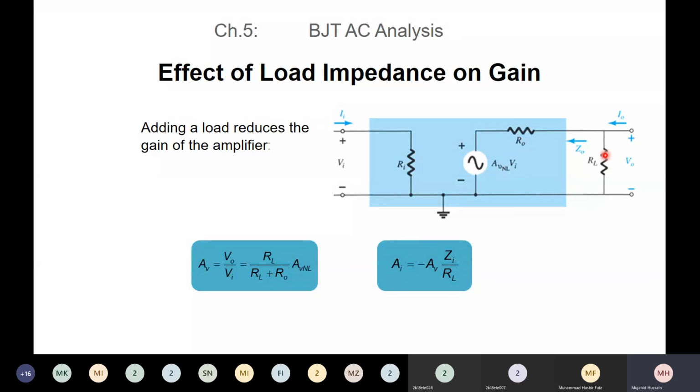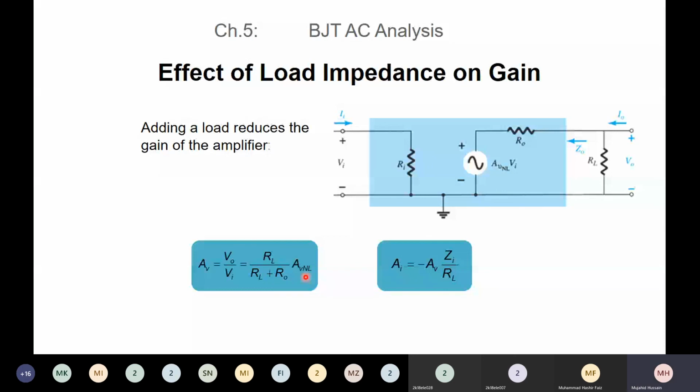So V0, that is the voltage across this load resistance RL, will be equal to RL over RL plus R0 multiplied by this voltage source. Then you take this Vin into the denominator of the left side of the equation. So this equation becomes that the voltage gain will be the load resistance over the sum RL plus R0, times the no load voltage gain.